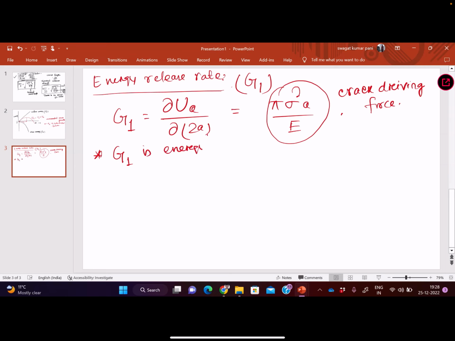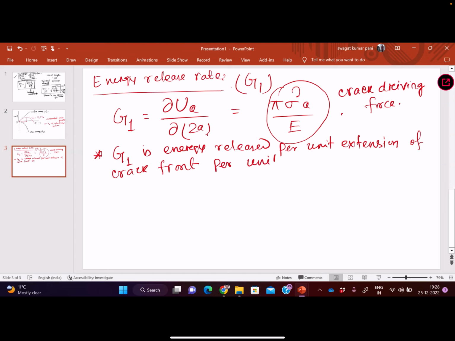The definition is this: energy released per unit extension of the crack front of the body per unit crack tip.